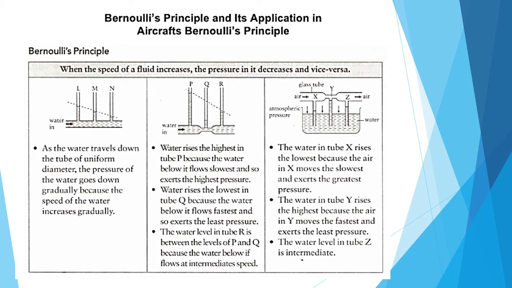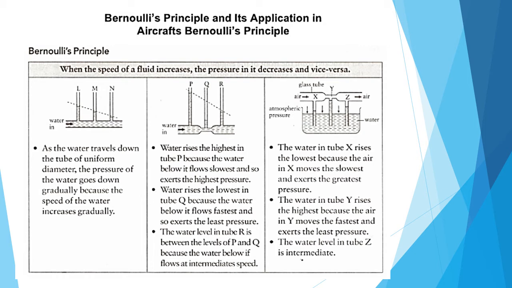Because the air in X goes toward the smaller diameter, the movement of air here is very slow, so the pressure here is higher. So the pressure will push the water level down.